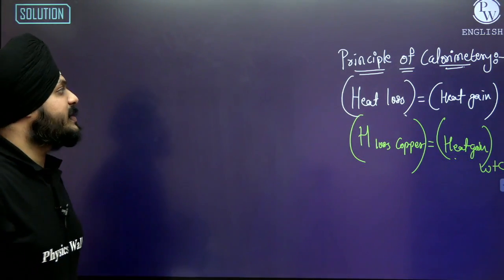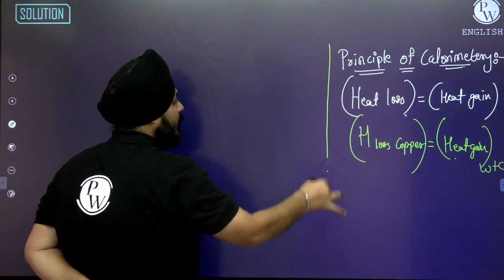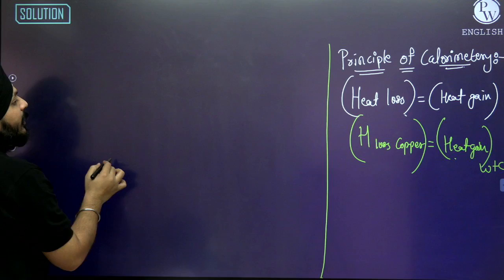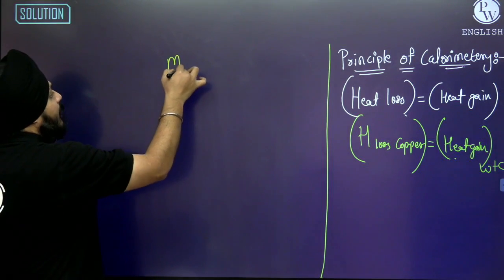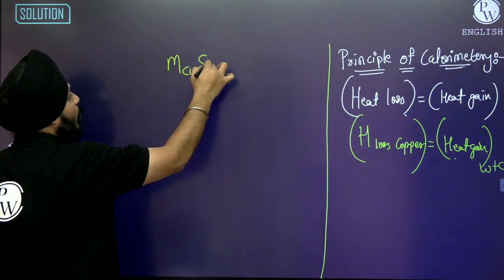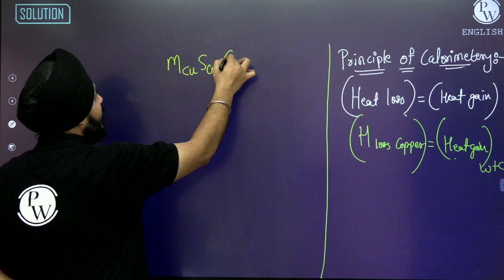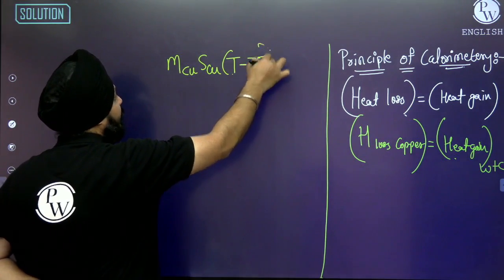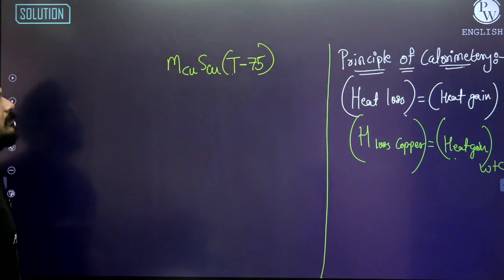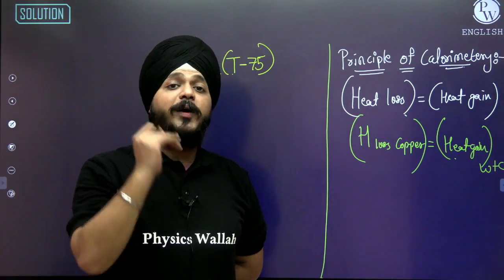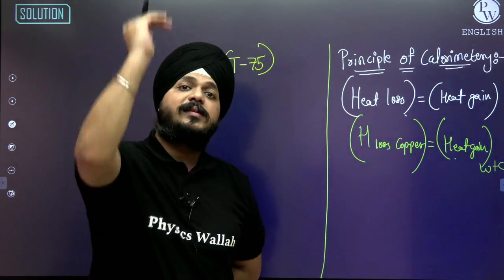Now let's see the amount of heat lost by the copper: mass of the copper ball, specific heat of the copper ball, times the change from the temperature T to the final temperature of the system, 75. This is the amount of heat lost by copper to reach the final equilibrium state.